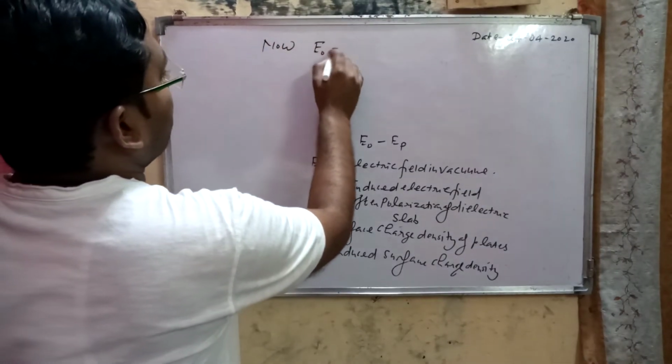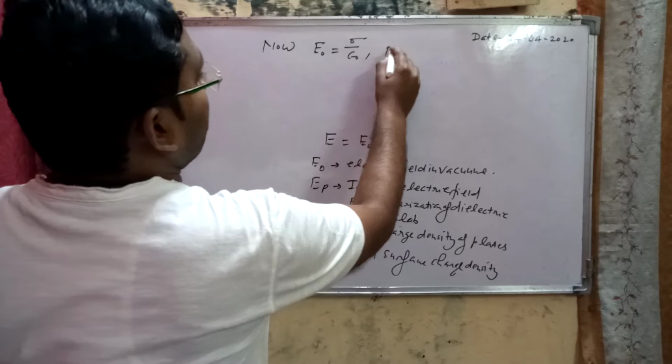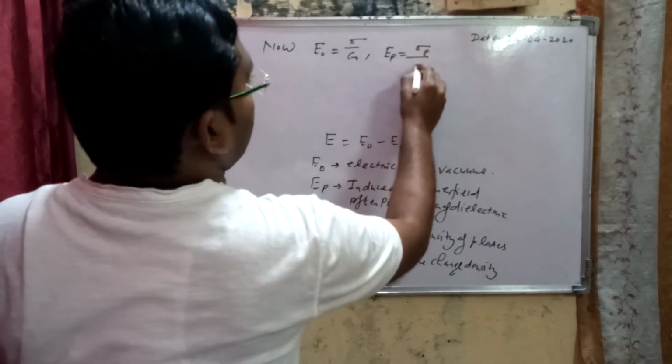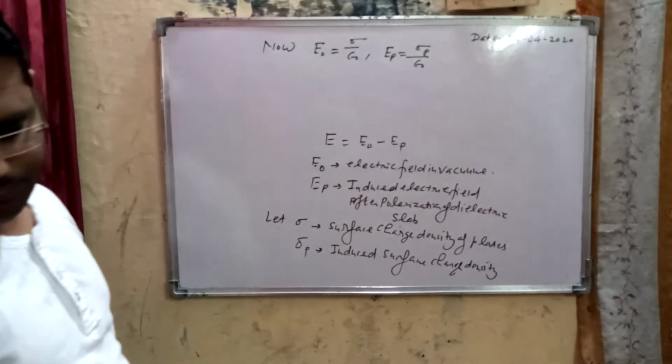Now E naught is equal to sigma divided by epsilon naught, and Ep is equal to sigma p by epsilon naught.